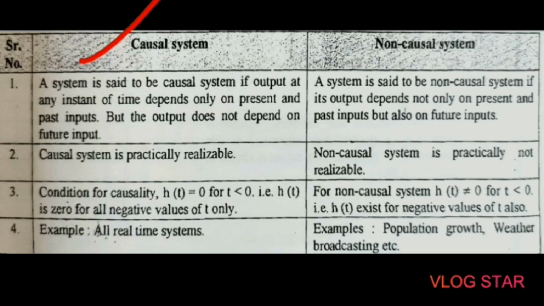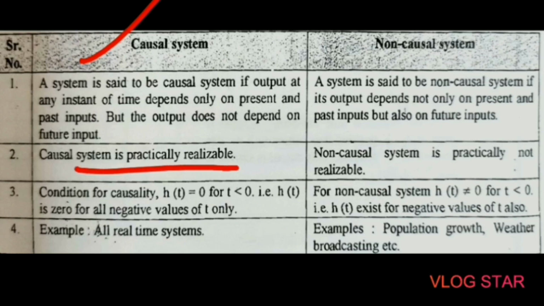A system is said to be non-causal if its output depends not only on present and past inputs but also on future inputs. So a causal system depends on present and past, but a non-causal system depends on present, past and future also.